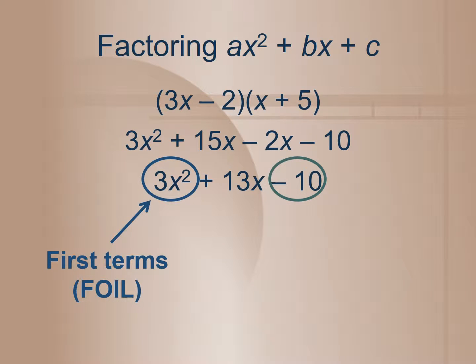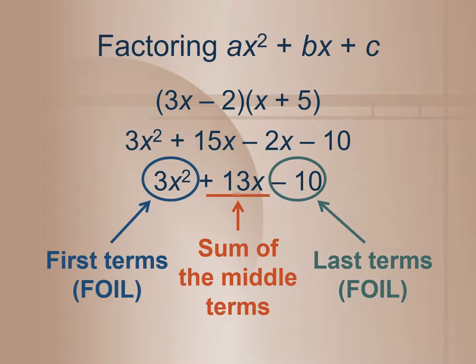And then you get the last term by multiplying your last terms. And then you get that middle term by adding up the middle terms, right? Negative 2x plus 15x, and that's how we got 13x.